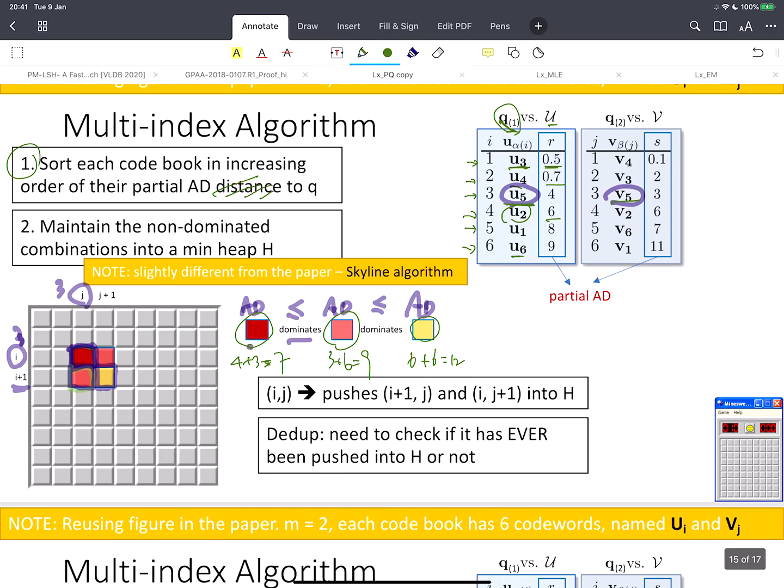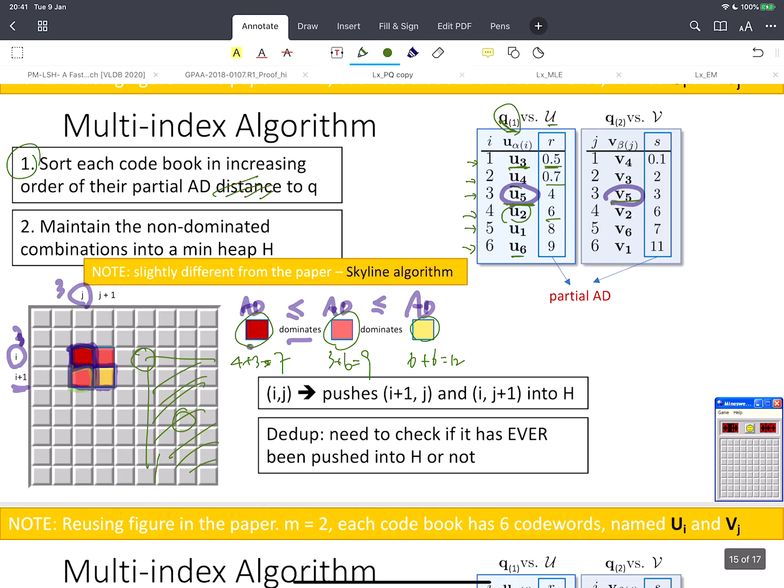So in general this dominance is not only between the adjacent cells or computations. For example, this one also dominates this one. Okay, you can easily see it. So the dominance is really to the bottom right. So this guy actually dominates everything here.